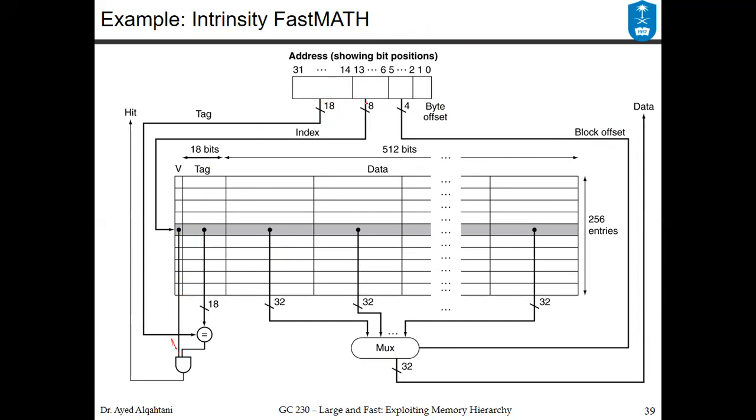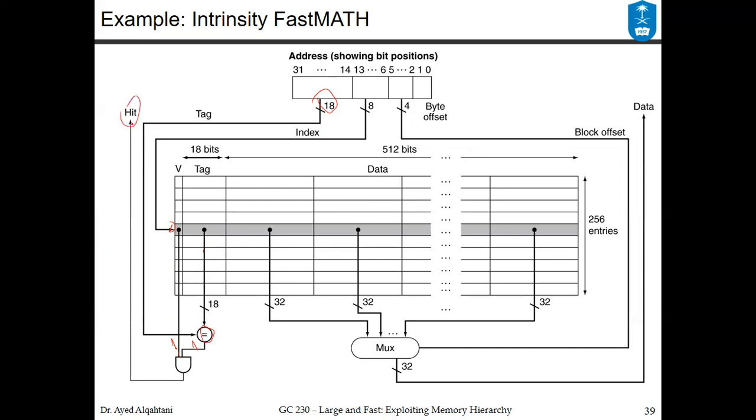So you know that the index will give you the right location inside the cache. You check the valid bit, and you check the tag that is stored inside the cache against the tag in the address that you have as the new access address. If they are the same and the valid bit is equal to 1, then it's a hit.